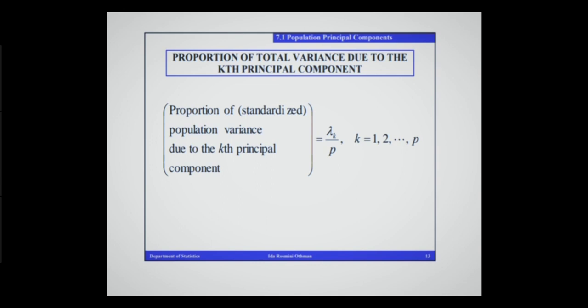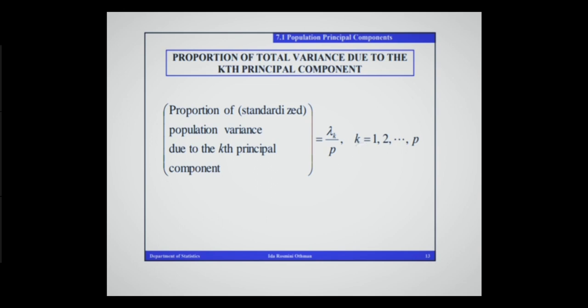Before this, if we are using the matrix of sigma, the formula is lambda k divided by the summation of lambda, right? So actually this is equal to this, the formula for when we obtain the principal component using the standardized variable.